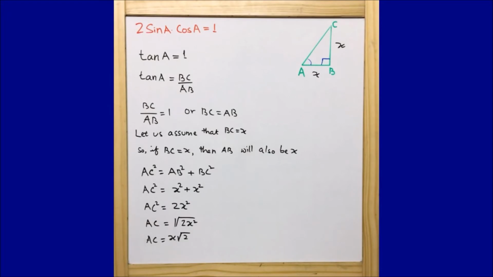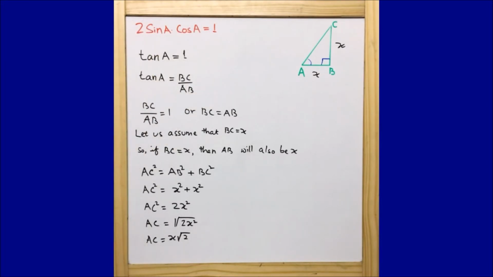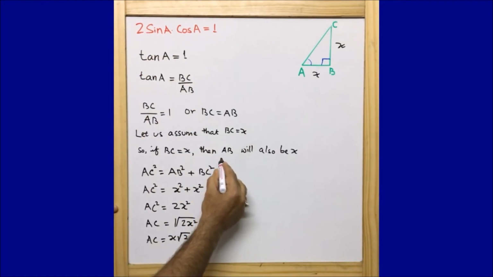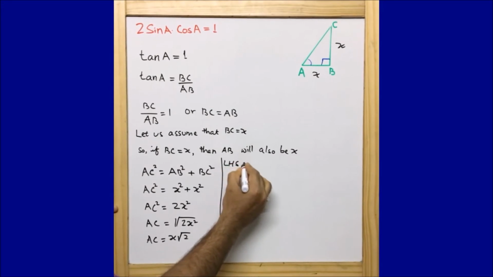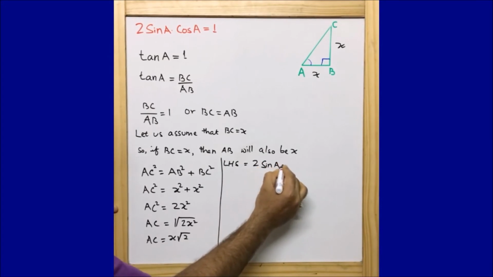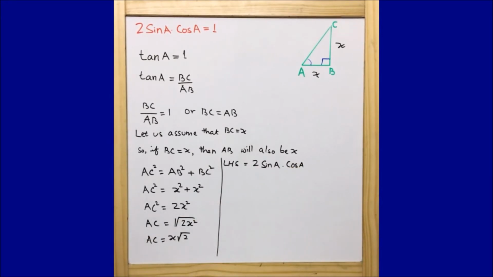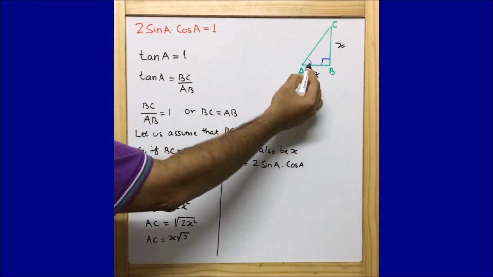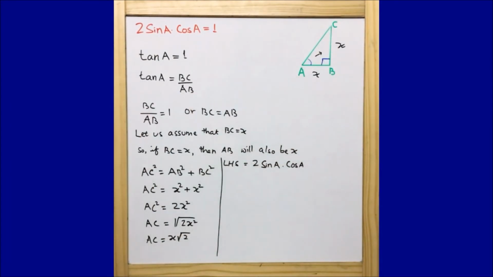Now moving on to the real situation: 2 sin A cos A is equal to 1, which we need to prove. Let us pick up the left hand side, which is 2 sin A cos A. Sin A is the side opposite, BC, by the hypotenuse.